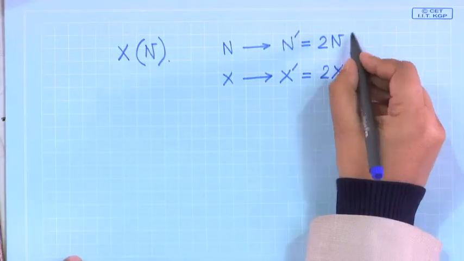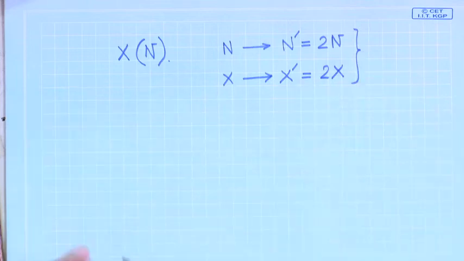So, that is the basic definition of an extensive property. And here we know from basic thermodynamics that entropy is an extensive property, and we have used molecular thermodynamics to find out some expression for entropy.